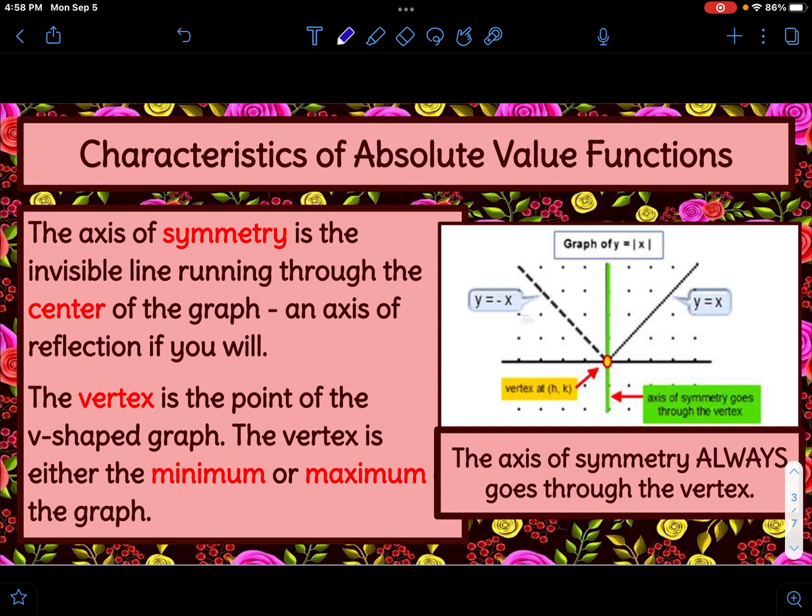The vertex is the point of the V-shaped graph. The vertex is going to be either a minimum or a maximum. The axis of symmetry always, always, always goes through the vertex. They share an x value.